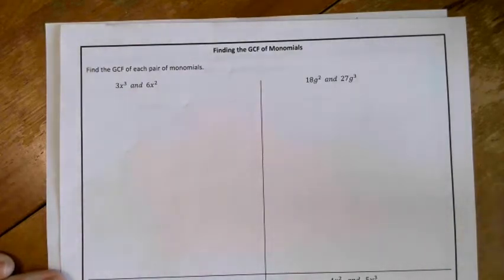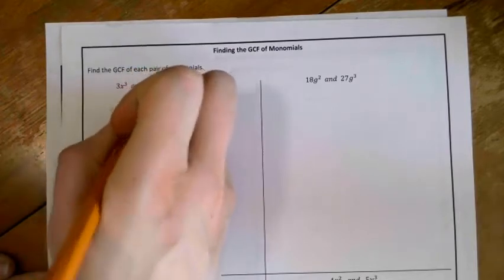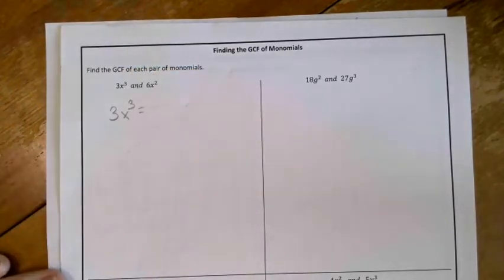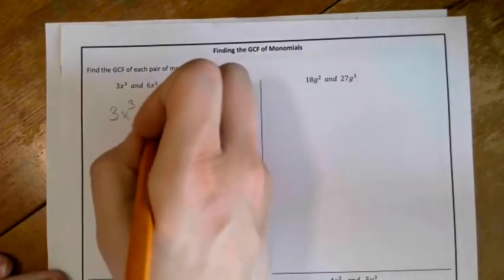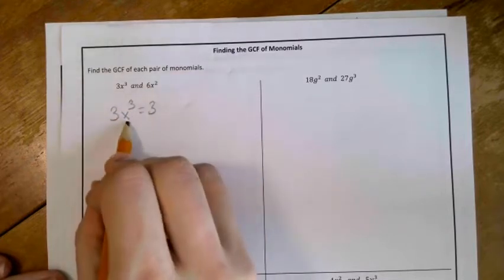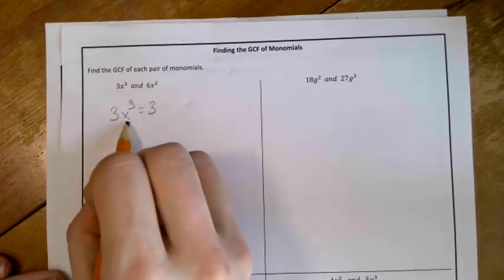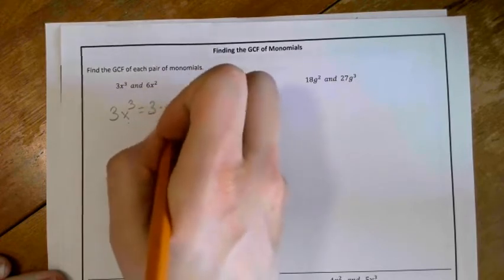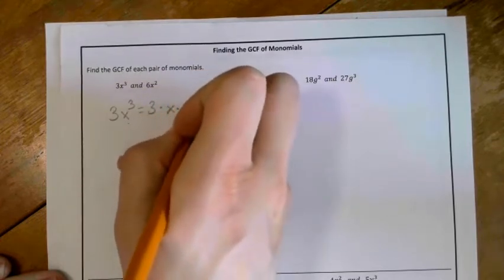So I'm going to do a prime factorization for 3x cubed. I'm not going to do a factor tree in this case. I'm just going to write it out. So I know that this is really 3 times x cubed. But wait a second. X cubed is really x times x times x. So this would be 3 times x times x times x.